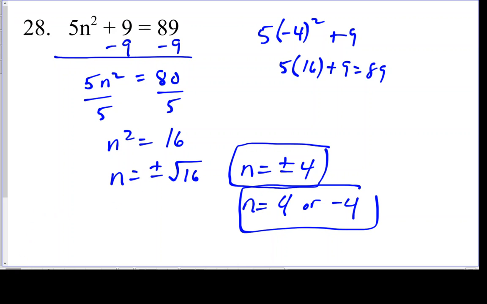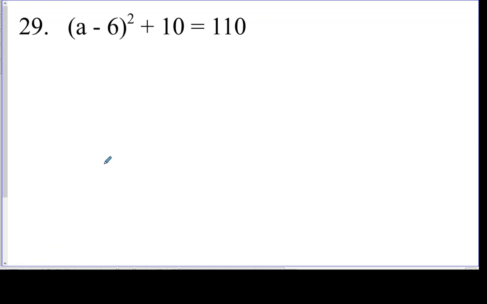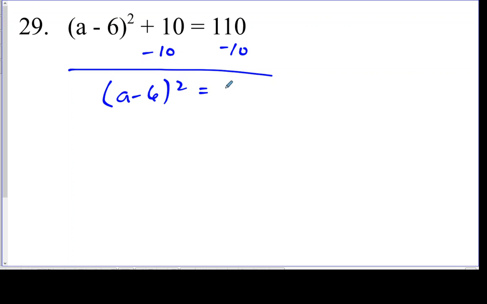Alright? And on 29, our variable is here, so we want to undo the plus 10, so subtract 10 from both sides. That leaves us with a minus 6 squared equals 100. At this point, we can undo the exponent of 2 by taking the square root of both sides.